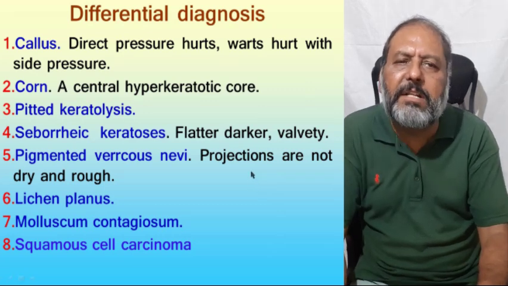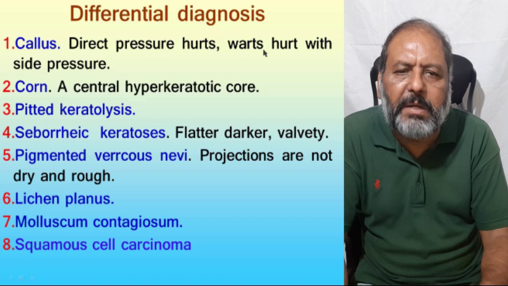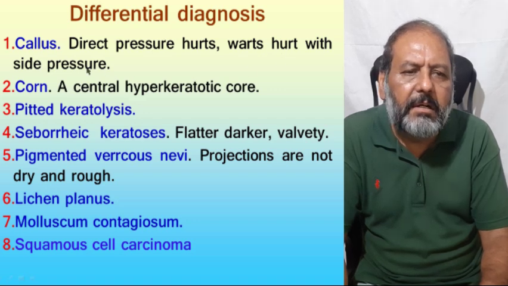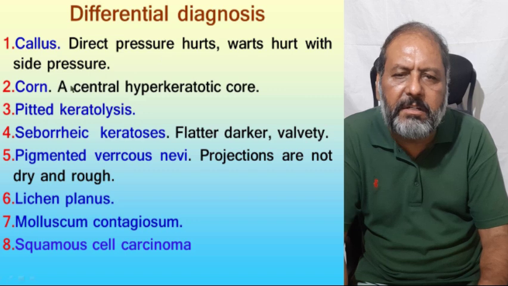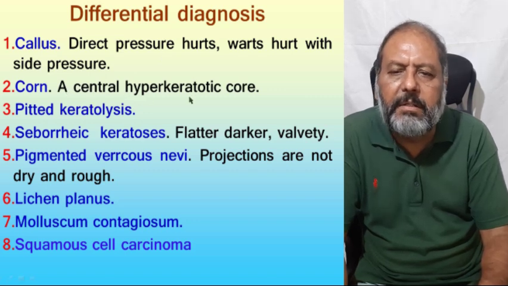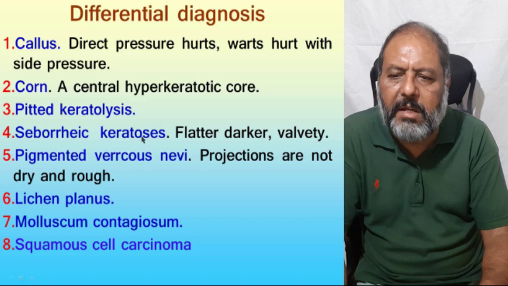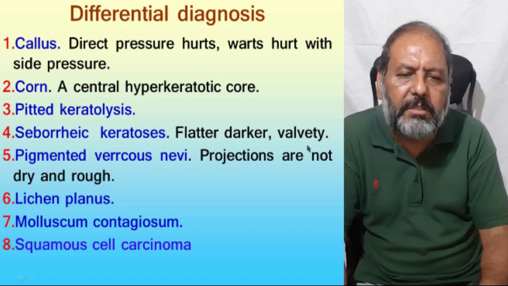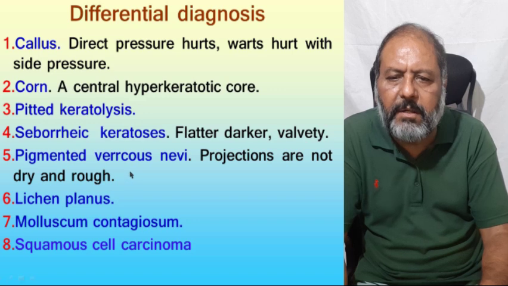Now, what are the differential diagnoses of the wart? Callus: direct pressure hurts, while the wart hurts with side pressure. So this is how one can differentiate. Corn has a central hyperkeratotic core. Pitted keratolysis. Seborrheic keratosis is flatter, darker, velvety in appearance.